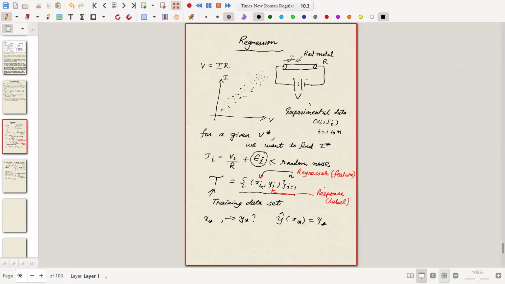We have a data set which is linearly correlated, and you know that V equals IR. But in a real world scenario, we don't know what the noise is.